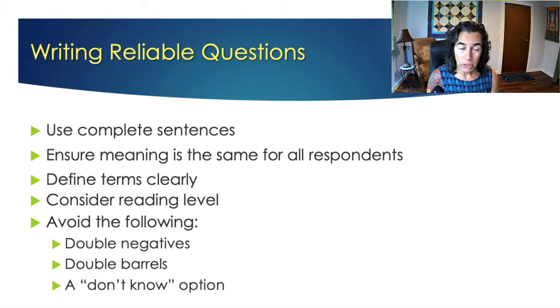Double barrels is another thing, and I alluded to it on one of the previous slides. So double barrels actually ask about 2 things at the same time, right? So what happens if you have a question about somebody being polite and concerned?